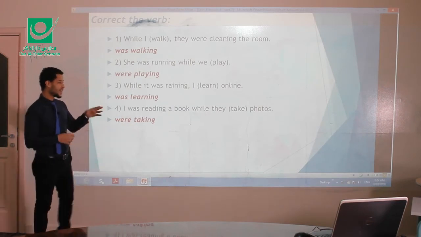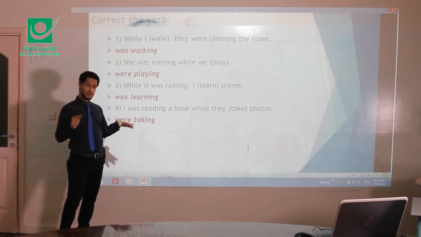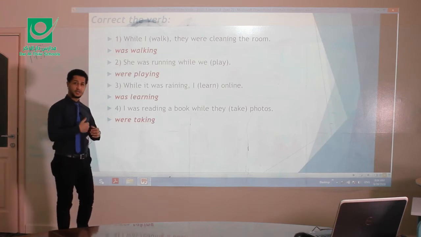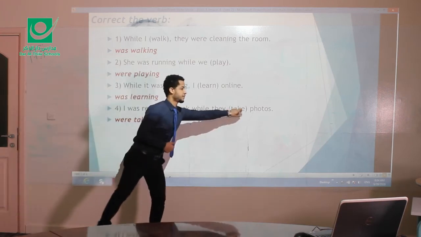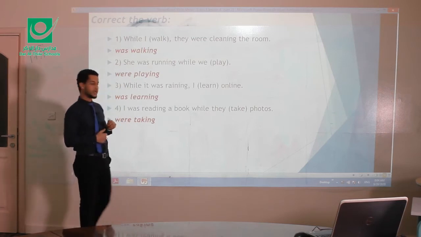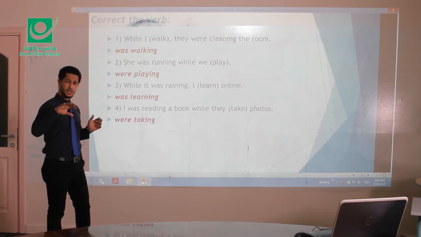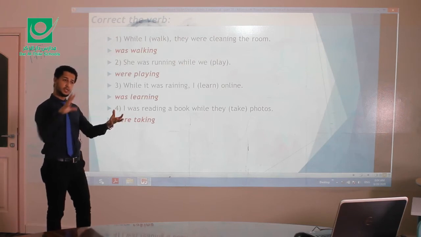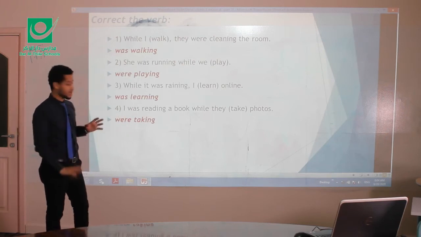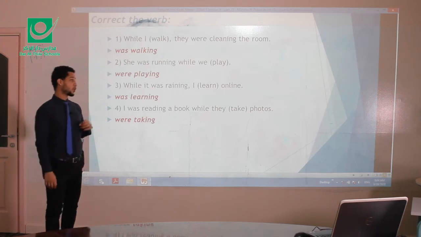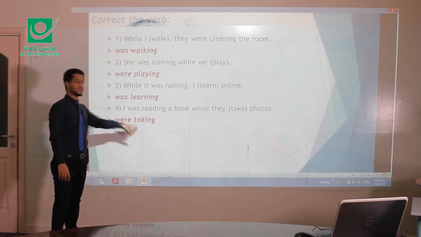They were, and take will take ing, but before we add ing, we remove the final e. Okay? As you see, there is no e. If the verb has a final e, before you add ing, you remove the e. Okay? So I was reading a book while they were taking.